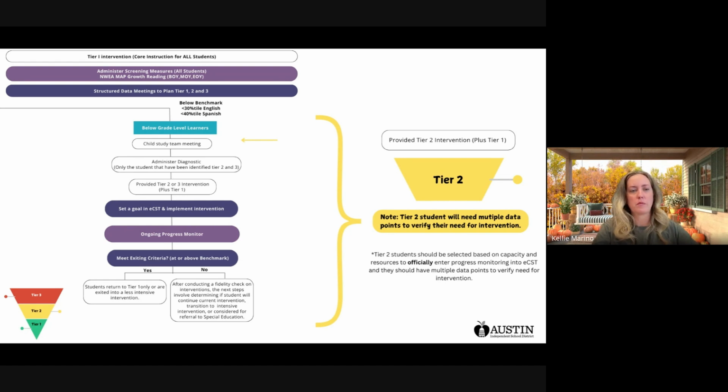Before students receive any Tier 2 interventions, they will be given a diagnostic. Teachers must adjust their approach based on capacity and available resources. While ECST documentation is not mandatory, it remains vital to continuously monitor the progress of students in Tier 2 to guarantee that their needs are being addressed and that the interventions are producing the desired results.